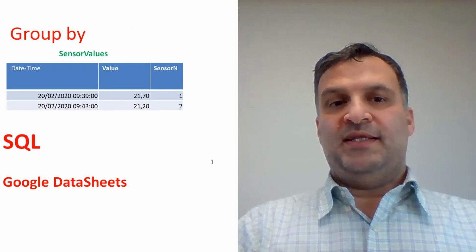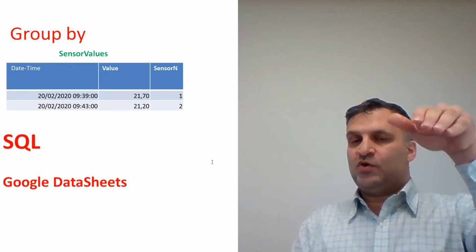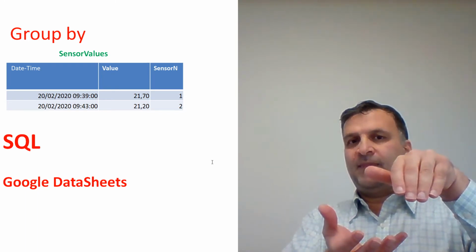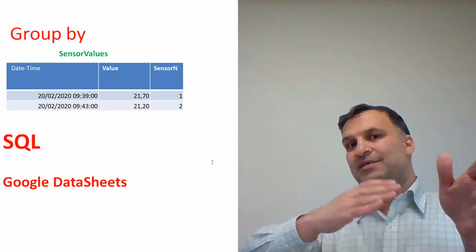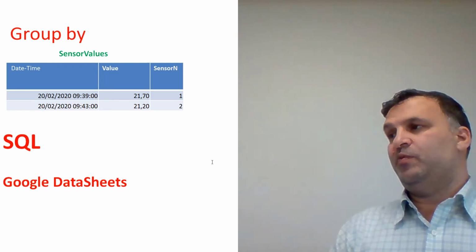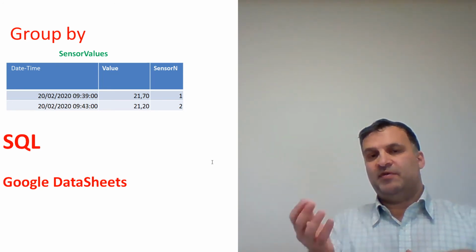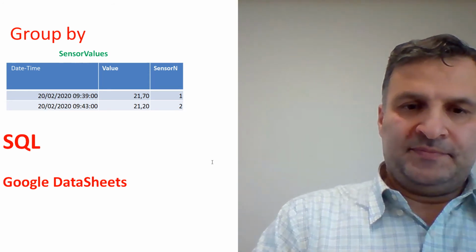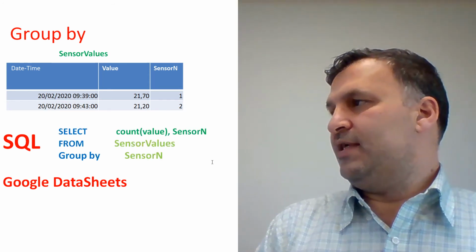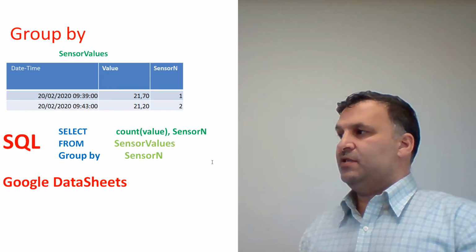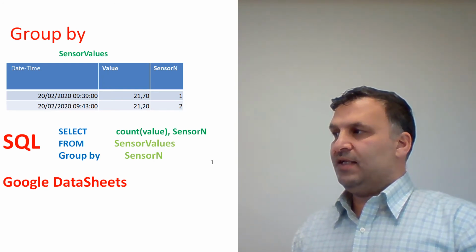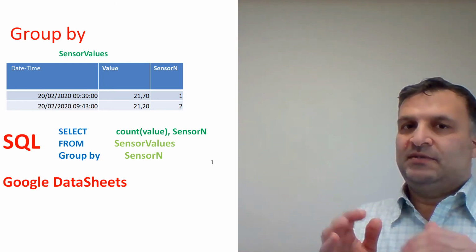We have group by, which is very important, because we can group many lines from some columns related to a condition in other columns. For example, we can separate the values that come from different sensors. For example, count value, comma, sensor number. What does it mean?